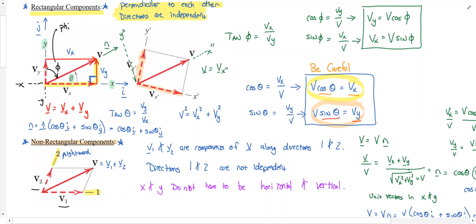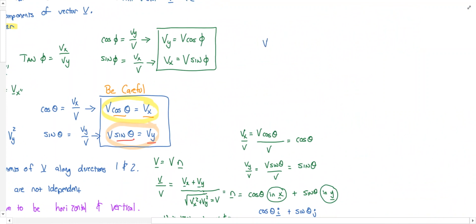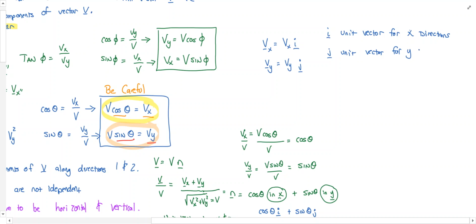Something that might help you a little bit is to recognize that you can write Vx and Vy in terms of magnitudes times unit vectors. So Vx is really some magnitude Vx in the i, and Vy is some magnitude Vy in the j, where i is the unit vector for x directions, and j is the unit vector for y directions.